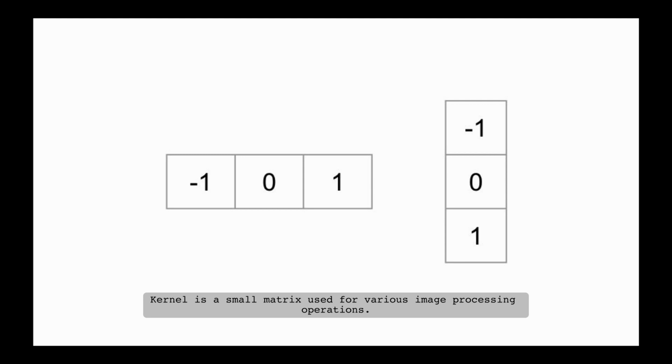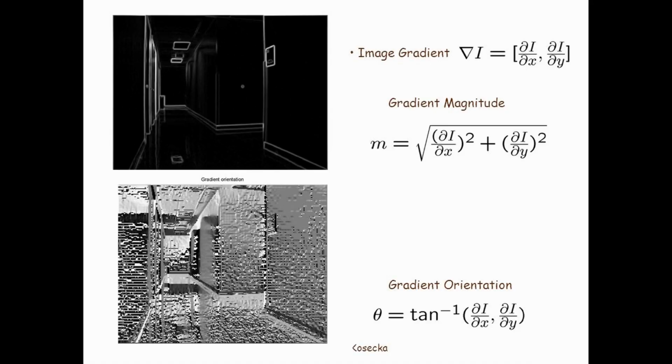Basically, filter the image with these two kernels, and we should have the horizontal and the vertical gradients. The next step is to find the magnitude and direction of gradients at each pixel location. The magnitude is the square root of the sum of the squares of the vertical and horizontal gradients, and the direction is the tan inverse of these two gradients.